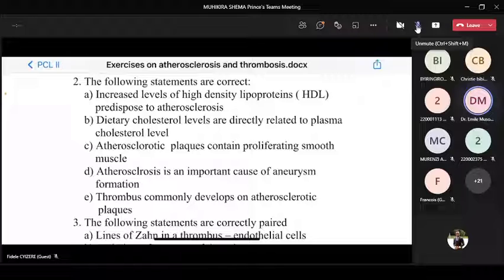It is made up of what? There are macrophages and migrated smooth muscle cells. Okay. Number D.